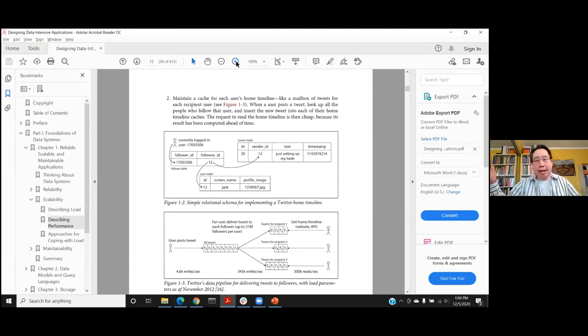Yeah, I suspect that at any given moment in time, if there's 100 million people on Twitter, at most 10, 15 million of them are on at any one point in time, right? So absolutely, when you do number 2, you are caching these home timelines for every single person.